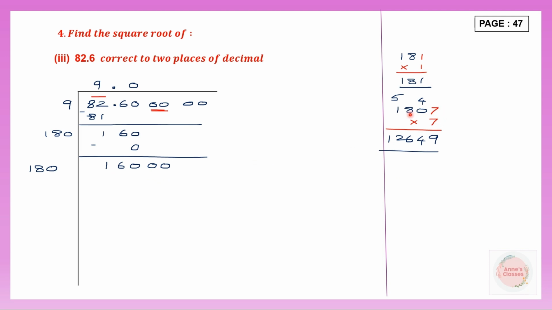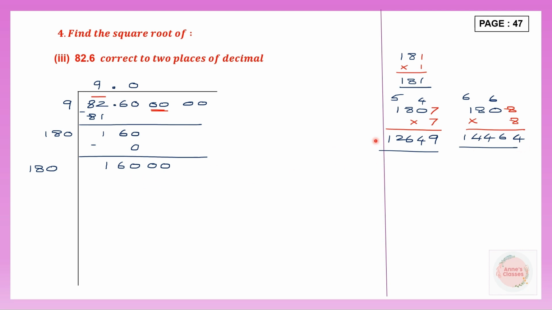Let's put 8 next to 180. So let's try. We have 180. Now let's put 8 next to it and multiply by 8. 8 eights are 64. Carry 6. 8 eights are 64, carry 6, 8 ones are 8, plus 6 is 14. So now this number 14,464 is closer to this.